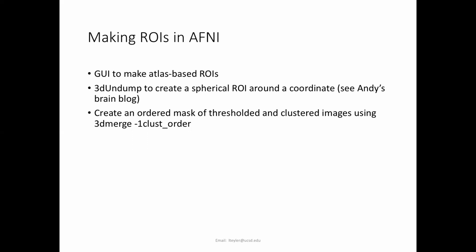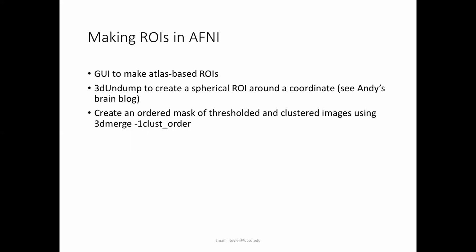And there are different ways of doing it. Andy's Brain Blog has a really nice video about making masks, which I also have the link to in the assignment. You can use the graphical user interface of AFNI to call up atlas-based regions.